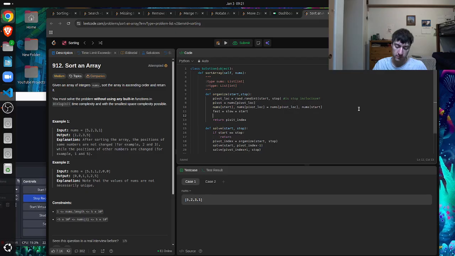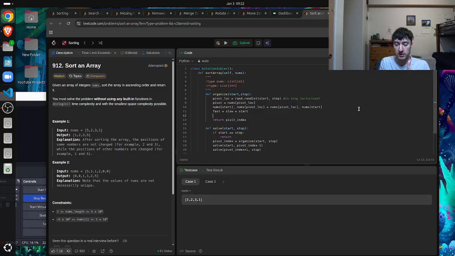Now, what does my fast mean and what does my slow mean? My slow is going to be pointing towards, it's going to say every element behind it is definitely less than my pivot, because it's not going to move unless it finds an element that is smaller than the pivot.